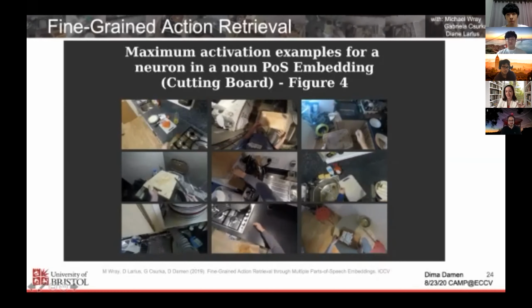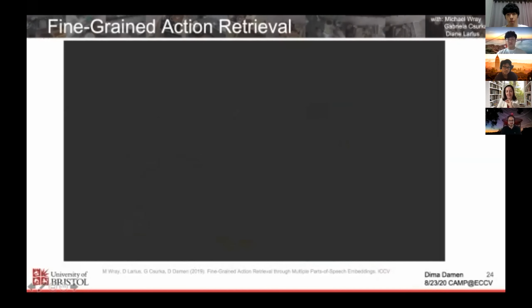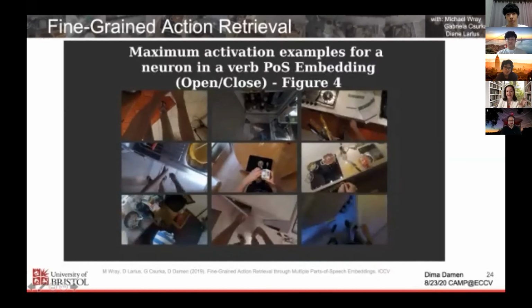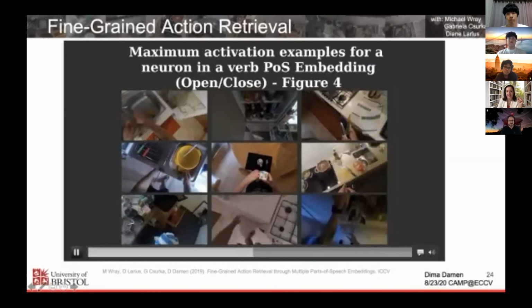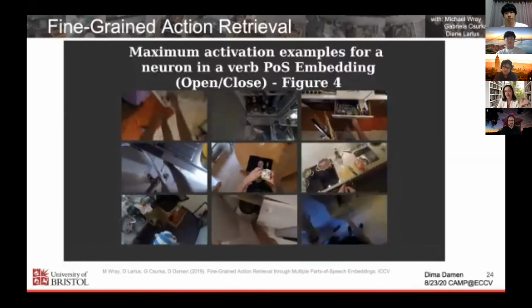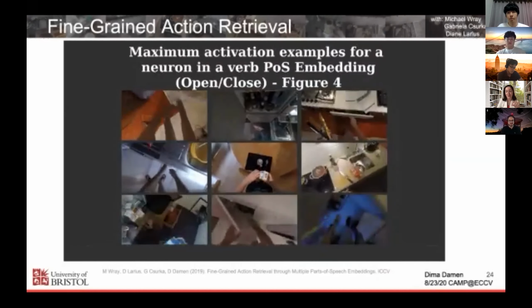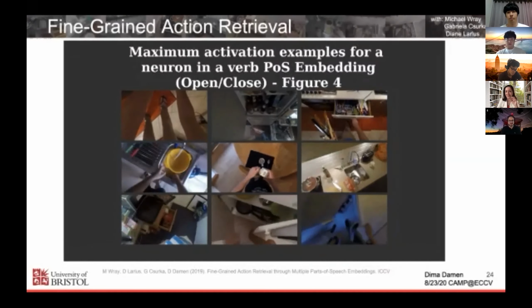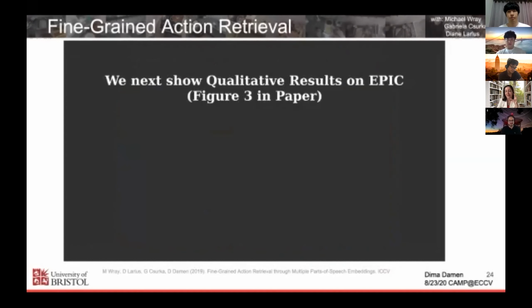So the action is ignored and the noun is set. And in the verb space, you have lots of videos of people doing opening and closing actions. I'm going to show these again, just the verbs. So these are open and close of different objects, right? So in that space, there's one neuron that activates all these open/close. And it's interesting that it prefers to combine open and close together into one neuron.